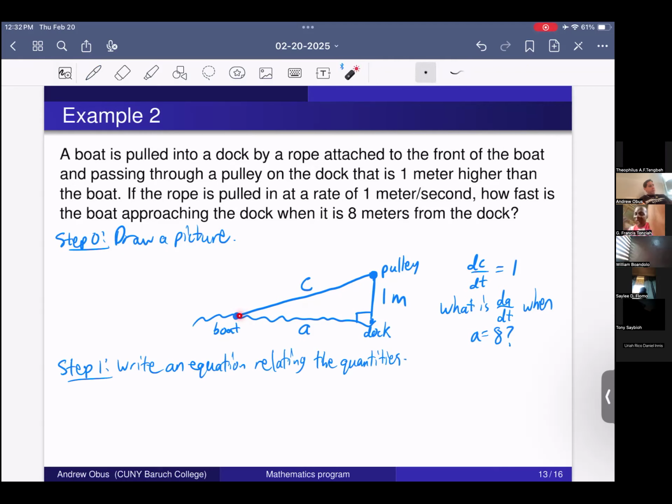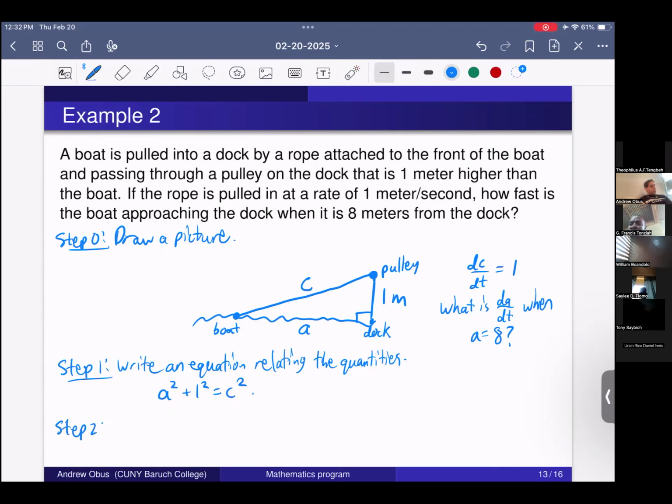Well, we're going to use the Pythagorean theorem, because we have a right triangle. So the equation is going to be a squared plus 1 squared is equal to c squared. That's our equation that relates a to c. This is why it's called a related rate. A and c are related, and we want to know how a rate on one of them compares to a rate on the other one.